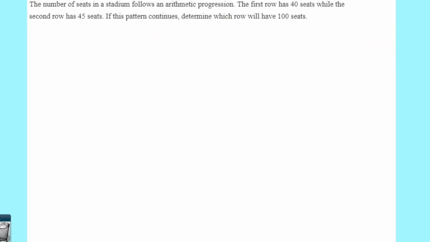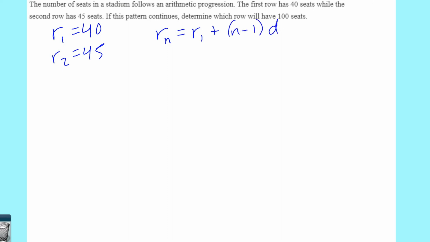The number of seats in a stadium follows an arithmetic progression. The first row has 40 seats, second row has 45 seats. Which row will have 100 seats? Well, to find the nth row, you would take the first plus n minus 1 times the difference, d.